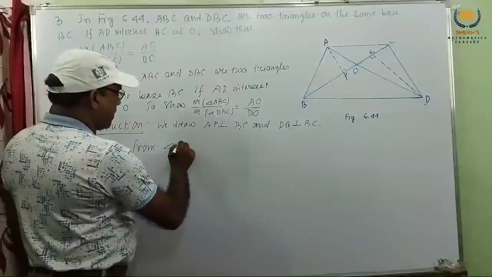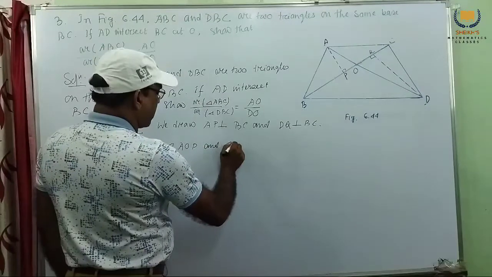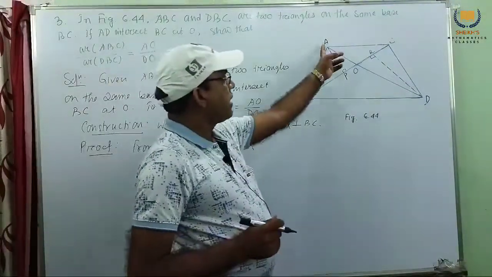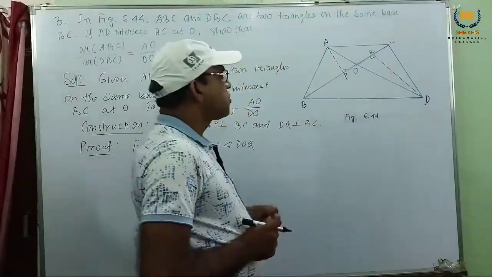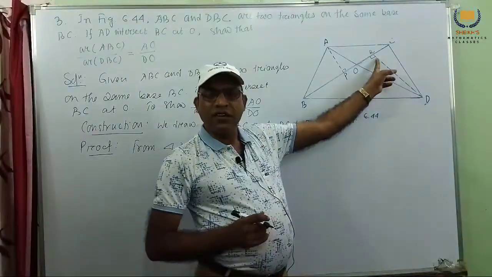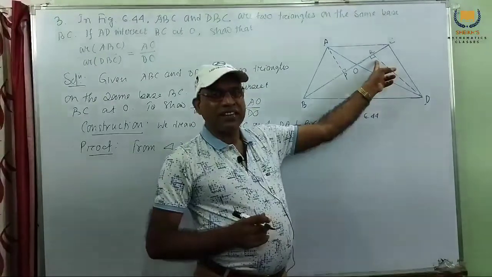From triangle AOP and triangle DOQ, what we get in these two triangles is this angle equal to this angle. Why equal? Because each of these is 90 degrees.